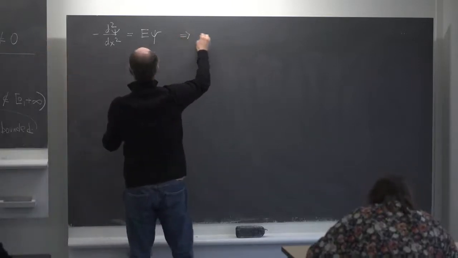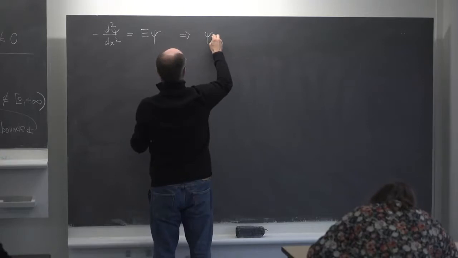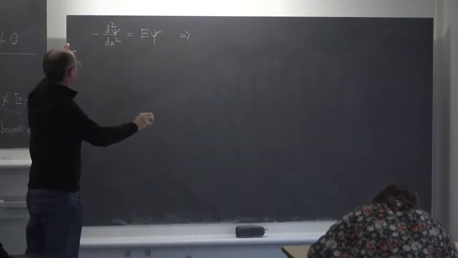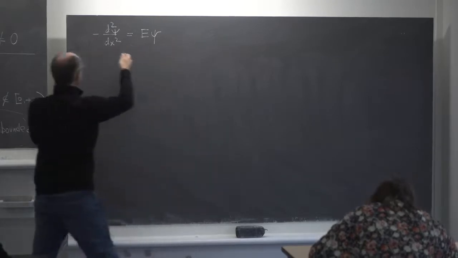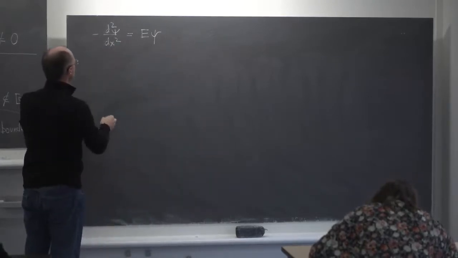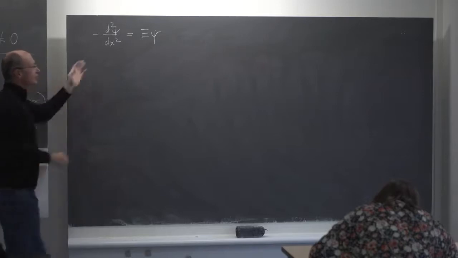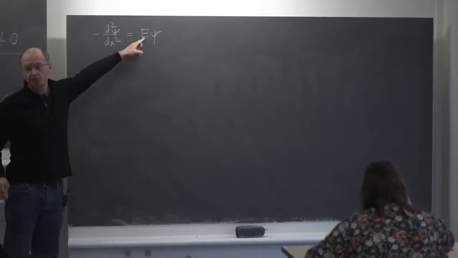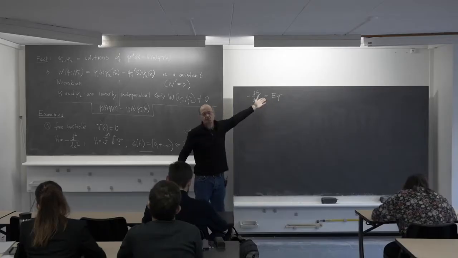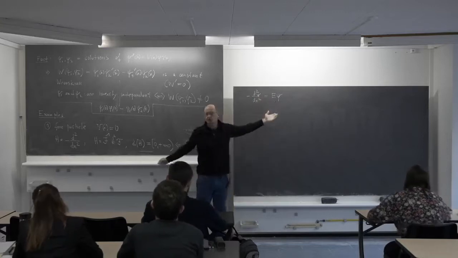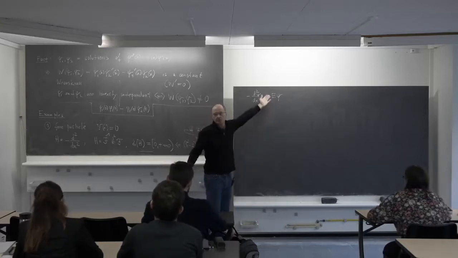Or maybe it's okay like this. So now what about solutions of this equation? Well, we know that for any value of e, the previous proposition tells us there will be two solutions. It doesn't matter what e is.